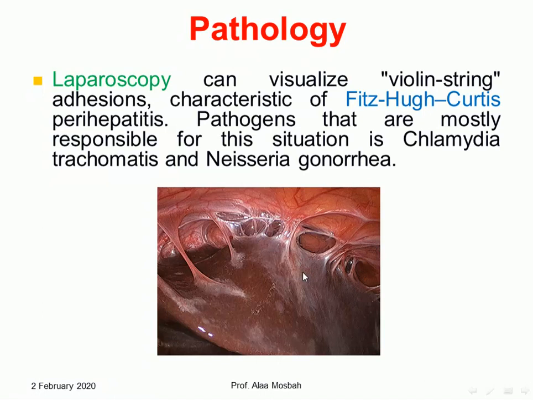This is characteristic for sexually transmitted disease, Chlamydia trachomatis and Neisseria gonorrhea, and can be diagnosed during laparoscopy. The patient complains of right hypochondrial pain, fever, nausea, vomiting, associated with other symptoms of the sexually transmitted disease.